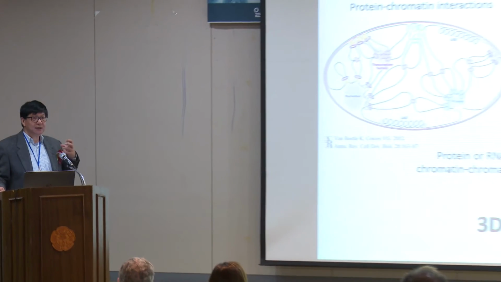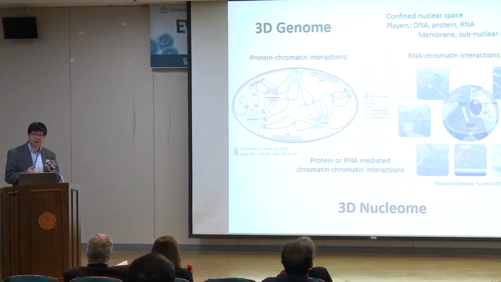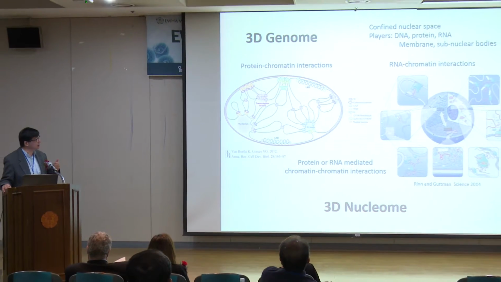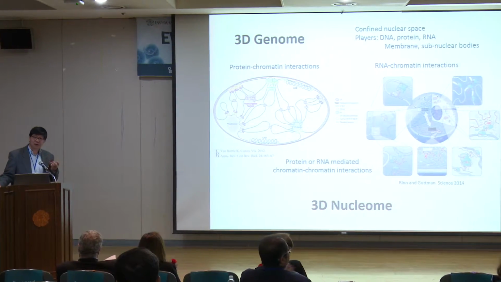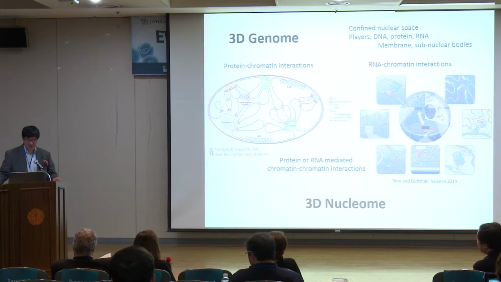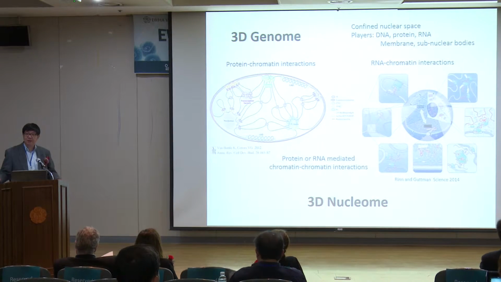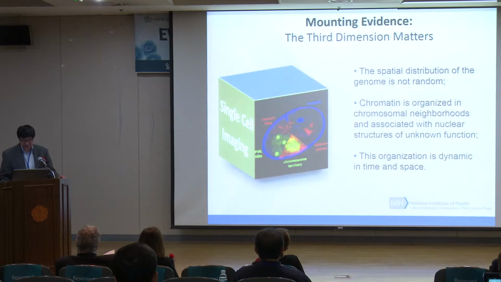To really understand how the genome works, we have to understand how those players, including DNA, protein, and RNAs, organize together within a defined, limited space. Collectively, we now describe this space as the 3D nucleome.